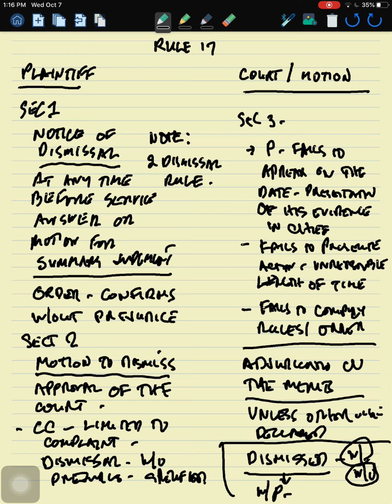So a dismissal by virtue of a notice of dismissal or a motion to dismiss will not lead to the application of the rule on res judicata unless the court states otherwise, or you have the application of the two dismissal rule. Under Section 3, when the court says dismissed, that means now that it is with prejudice and the rule on res judicata will be applicable. I hope that is clear.